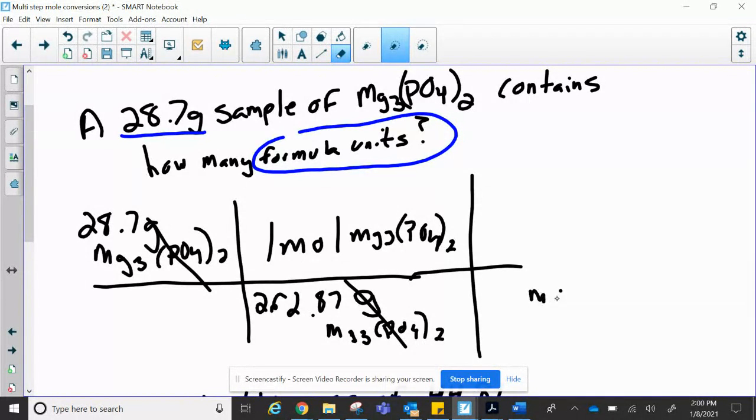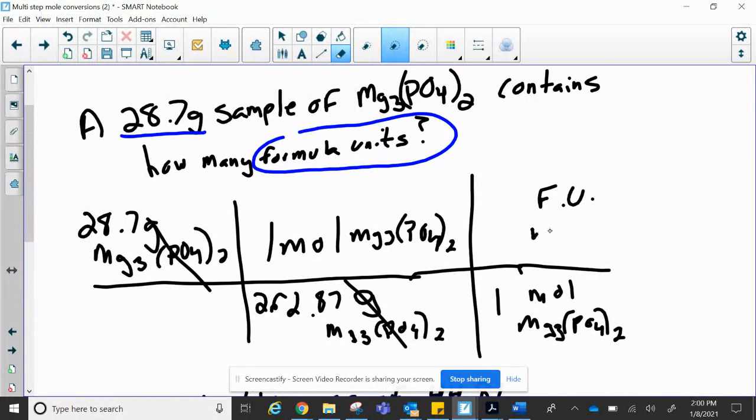So we know we're going to have to cancel out moles. And we know 1 goes with mole. Okay. In 1 mole of magnesium phosphate, we're dealing with how many formula units of magnesium phosphate? Of course, formula units is a representative particle. So we've got 6.02 times 10 to the 23rd.